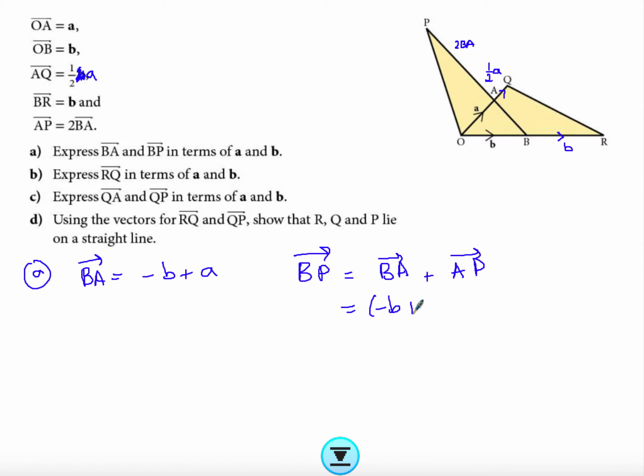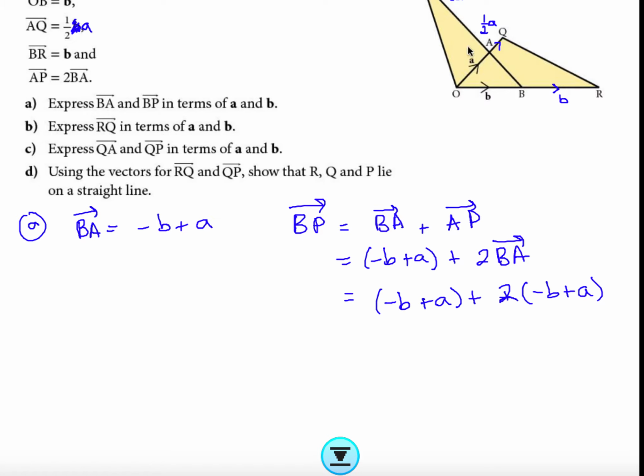It's negative B plus A. And AP, we have a way to describe AP, and that's 2 BA. And we have BA, which is negative B plus A. Now, you don't have to go through these really tiny steps every single time.